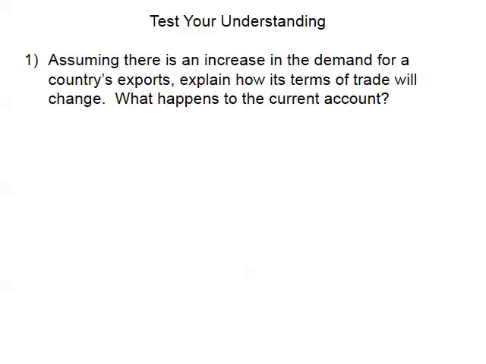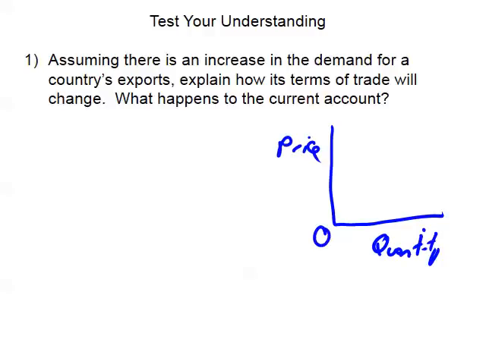So let's do some testers. Let's say there's an increase in the demand for a country's exports. What will happen to its terms of trade and what will happen to the current account? Well, just a quick reminder, we're looking at quantity and price, and we're dealing with an increase in demand.